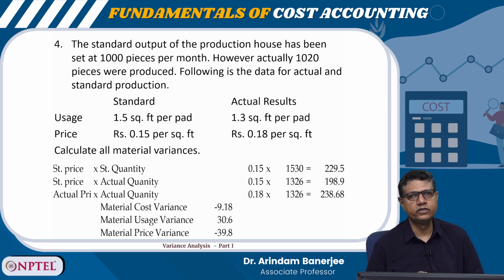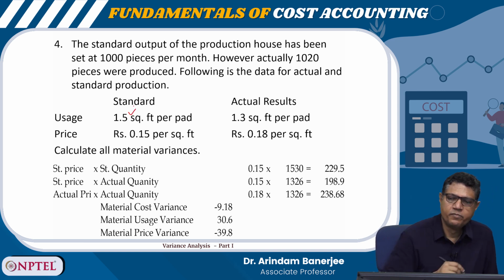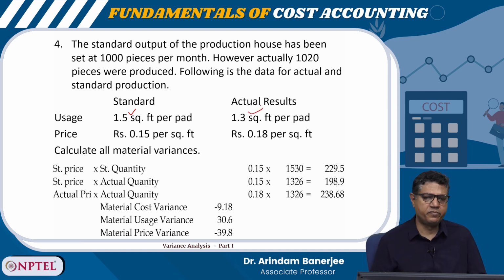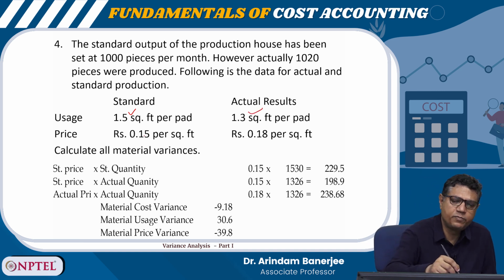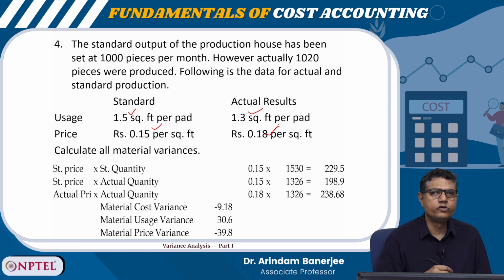However, actually 1020 units were produced. Following is the data for actual and standard production. So, standard usage is 1.5 square feet per pad, actual is 1.3 square feet per pad, and price is 0.15 per square feet, and this is 0.18 per square feet. So, you need to calculate the material variances.